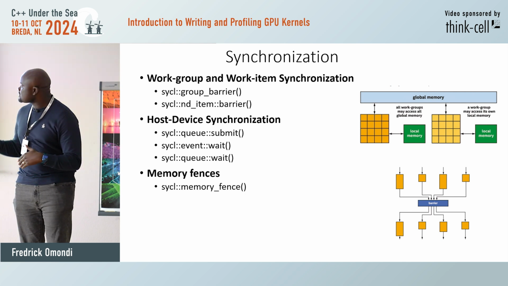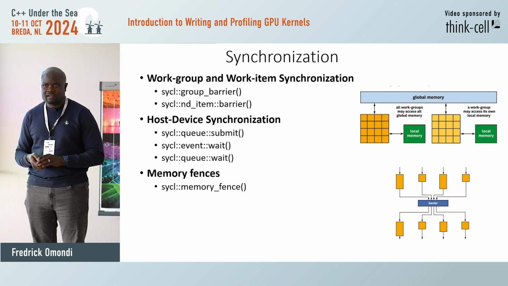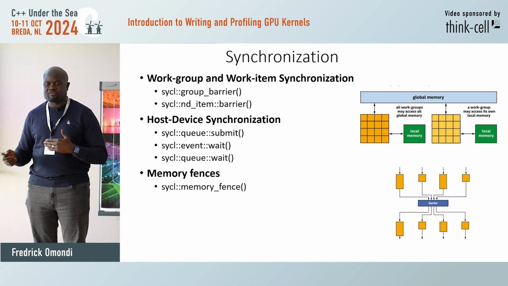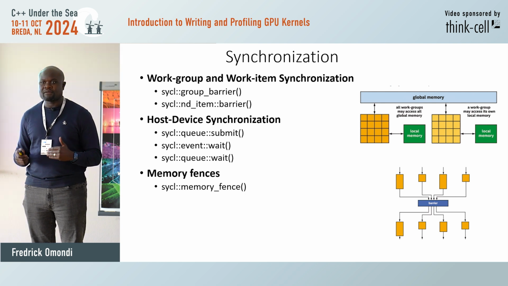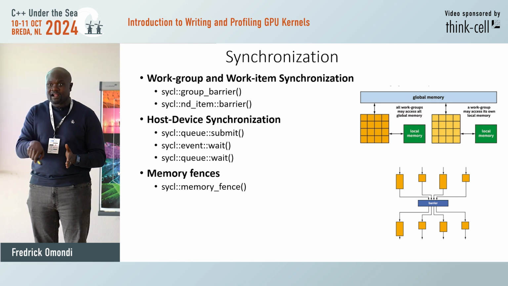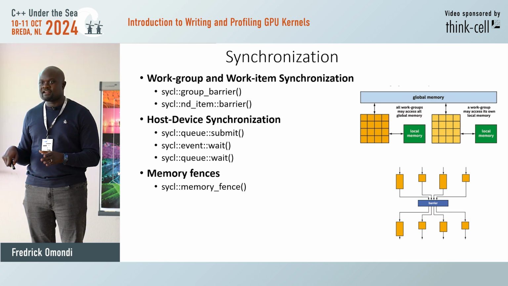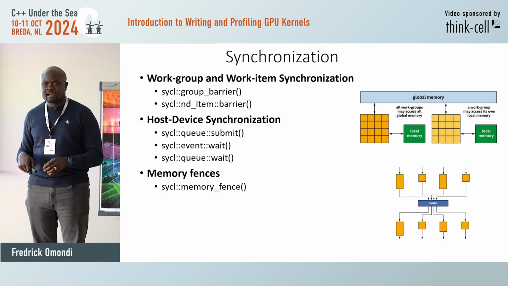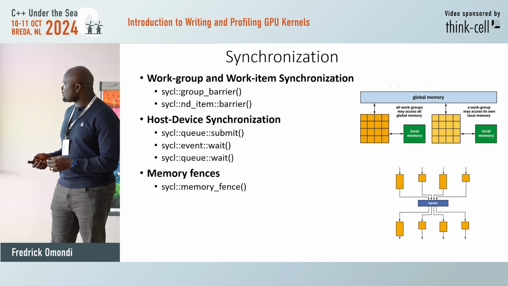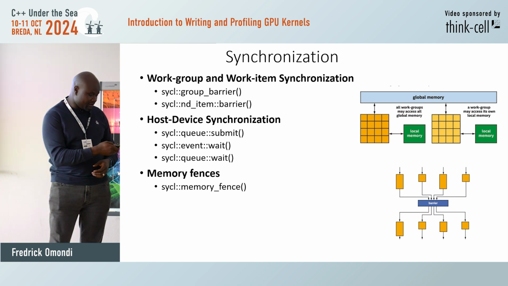For example, since a kernel is launched across different elements in the input work, some may execute before others, but it's in your interest to make sure that before anything else happens, all these work items in a specific group have completed execution to guarantee the correctness of your operation. Otherwise, it's very likely that the output you're going to get is not what you were expecting. So these are the different types of synchronization that exist in SYCL.